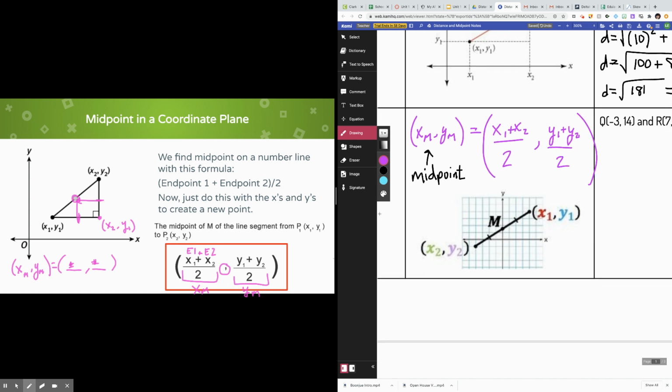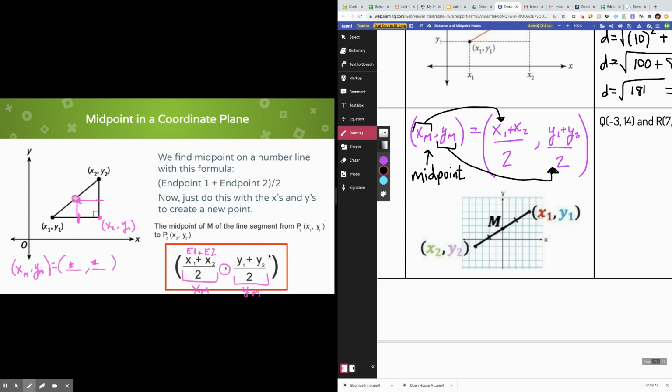Remember that xm is equal to this whole formula right here, and ym is equal to this whole formula right here, the one with the y's.